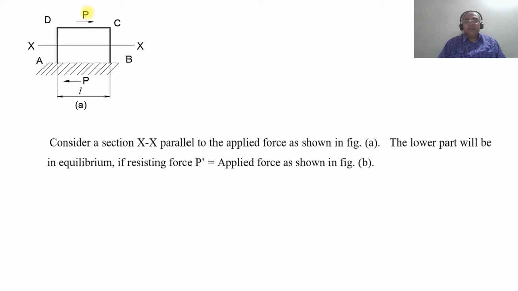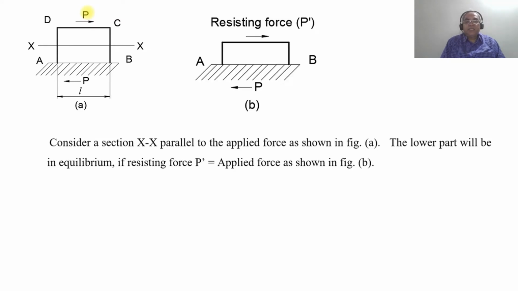So consider the section XX and the applied force as shown in figure A. The lower part will be in equilibrium if the resisting force P dash is equal to the applied force, as shown in figure B. So in order to keep this body in equilibrium when the shear force is applied, you're going to have an equal and opposite force here, so that the member or the bar will be in equilibrium.